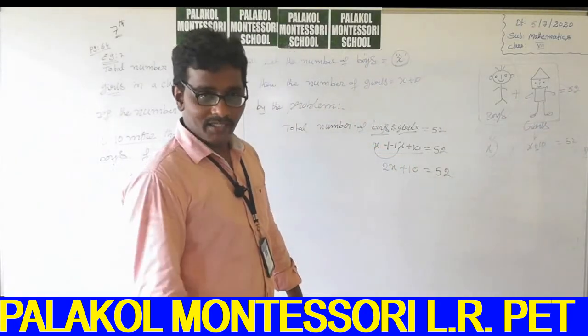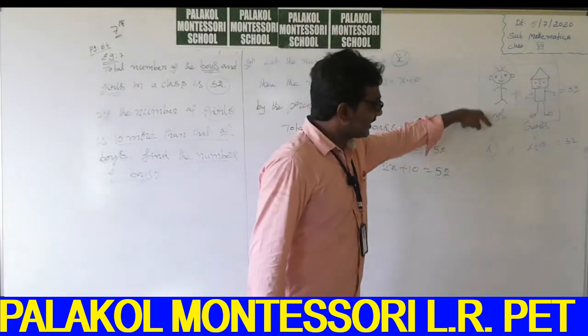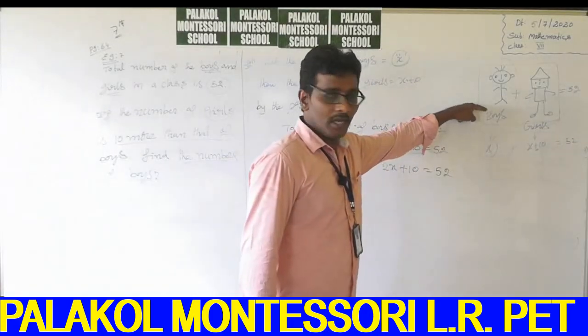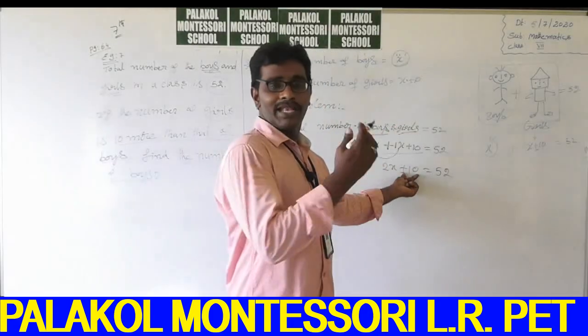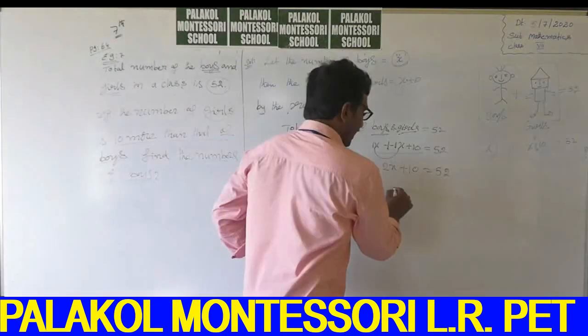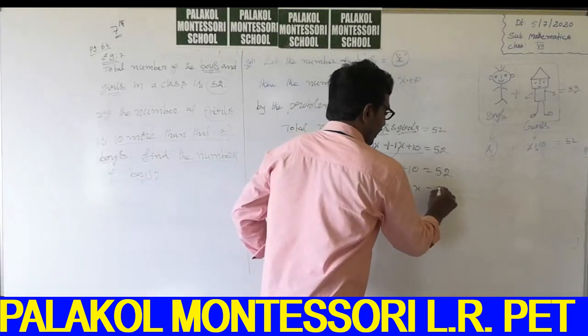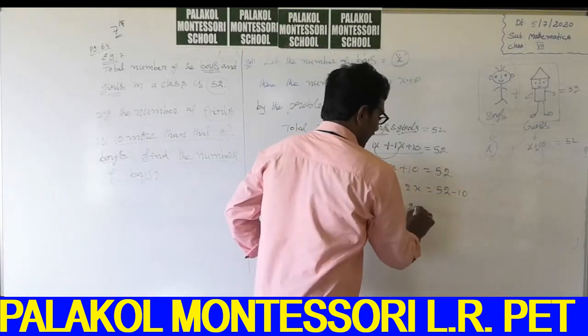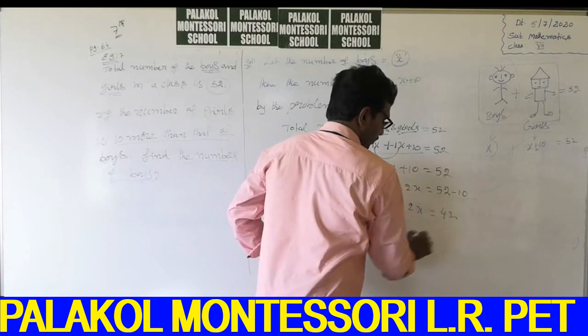Which value do we find? The x value, because it indicates the number of boys. There is no need for the 10, so plus 10 goes to the other side. What remains here is 2x equals 52 minus 10. 2x is equal to 42.